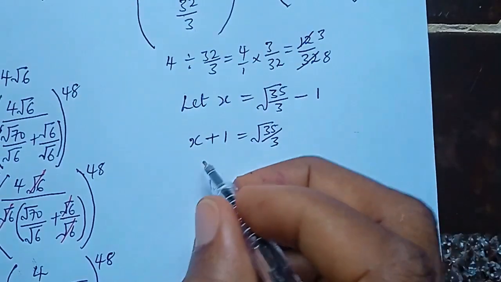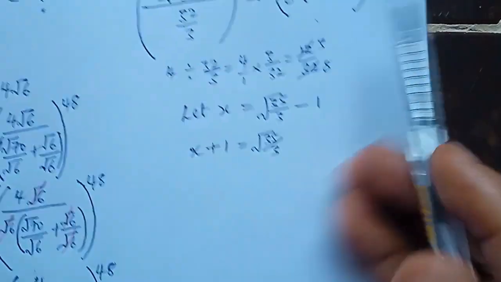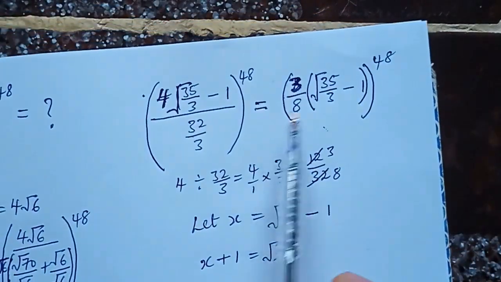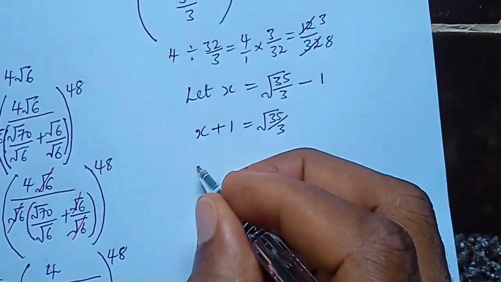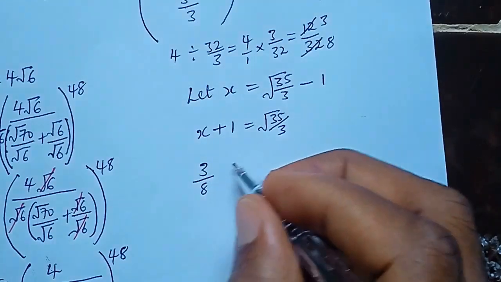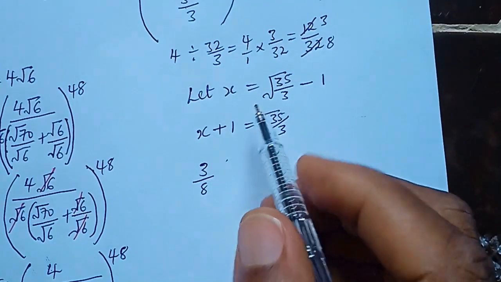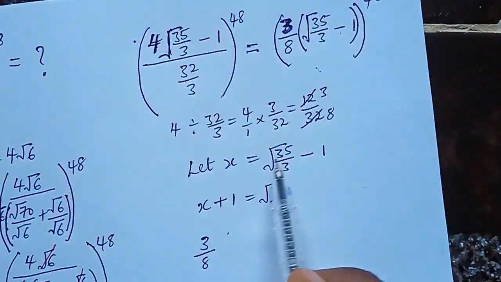What we want to compute now becomes 3/8, since this over here has been replaced by x.